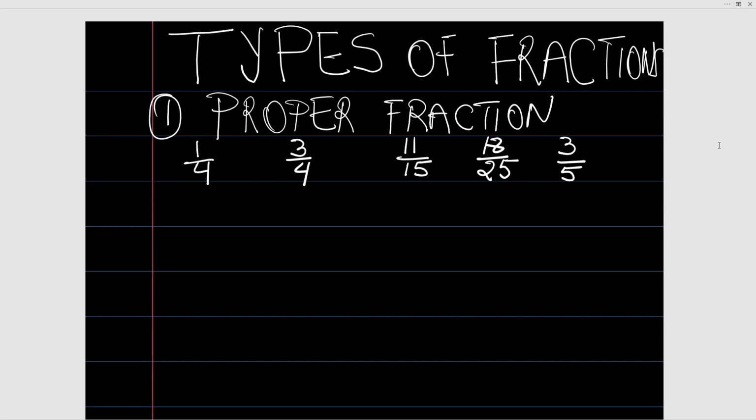So a proper fraction is a fraction where the numerator is less than the denominator.